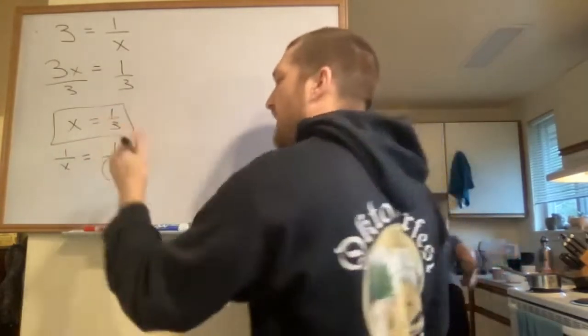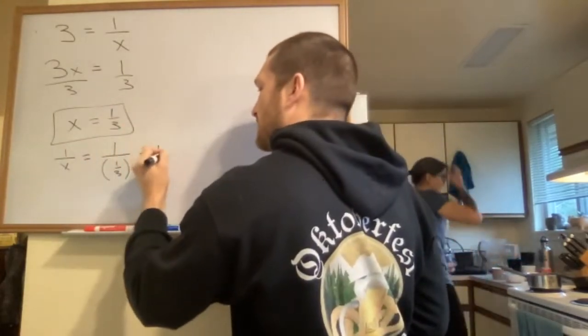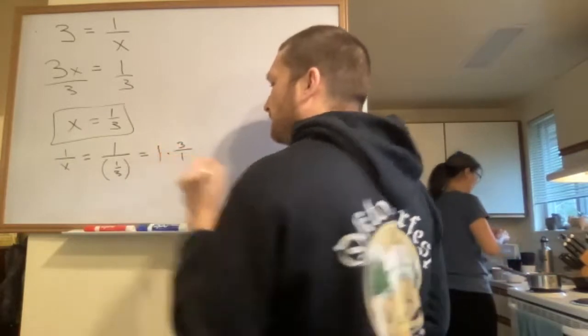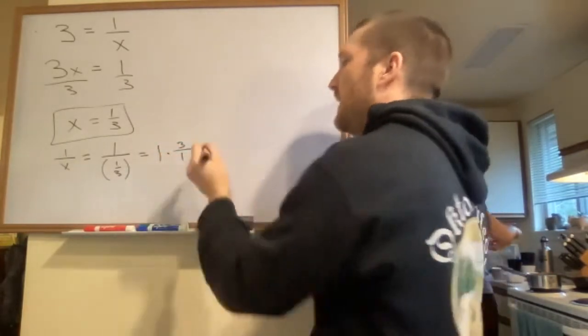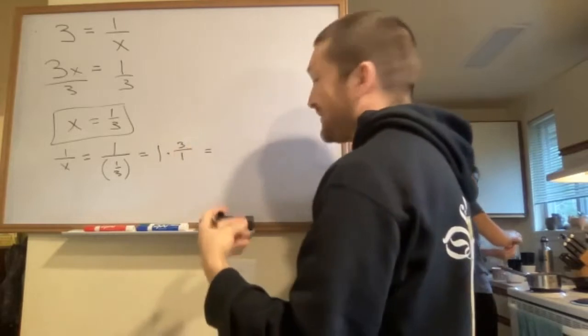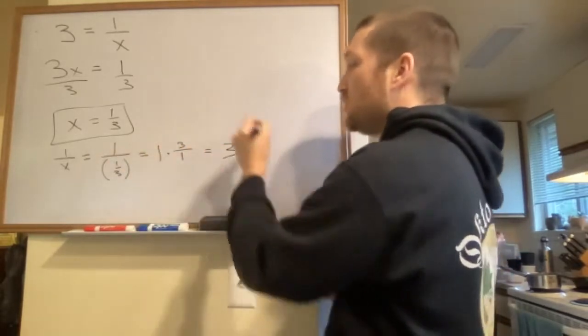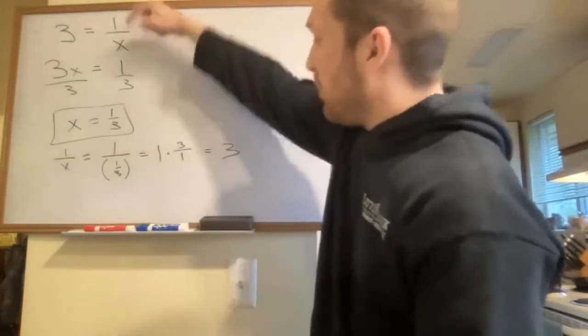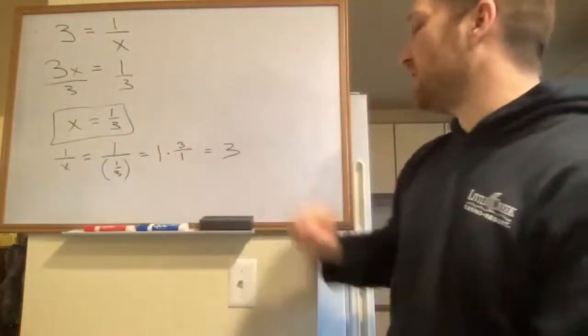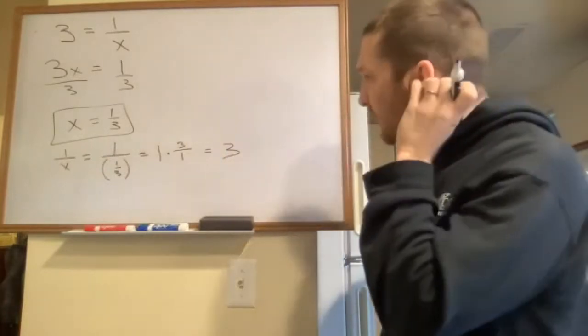Divide by a fraction is the same thing as multiply by the reciprocal. And the ones cancel, or you can just think about them as just equaling 1. Any way you go about doing it, you do get that 1 over x is equal to 3. You're good to go.